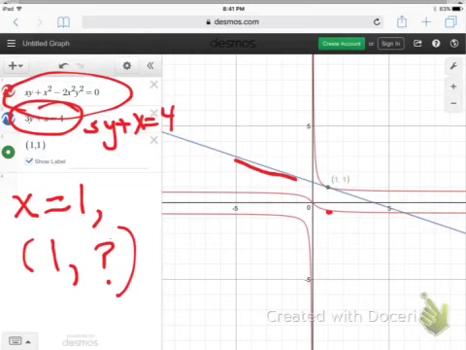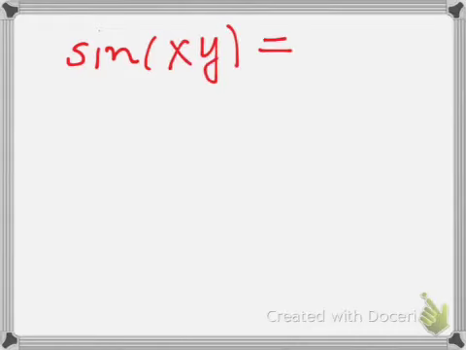So that's about implicit differentiation. If you want, I can do one more question, something like sine of xy equals, let's say, 5x. If you want to find the derivative of this function written implicitly, you can again use the chain rule.